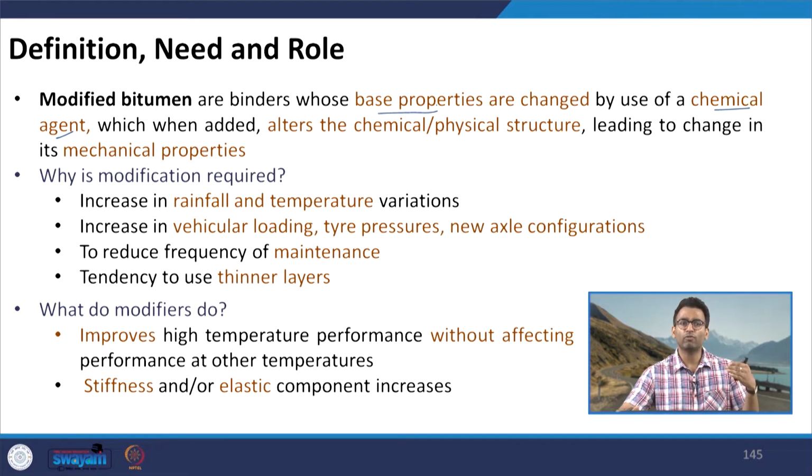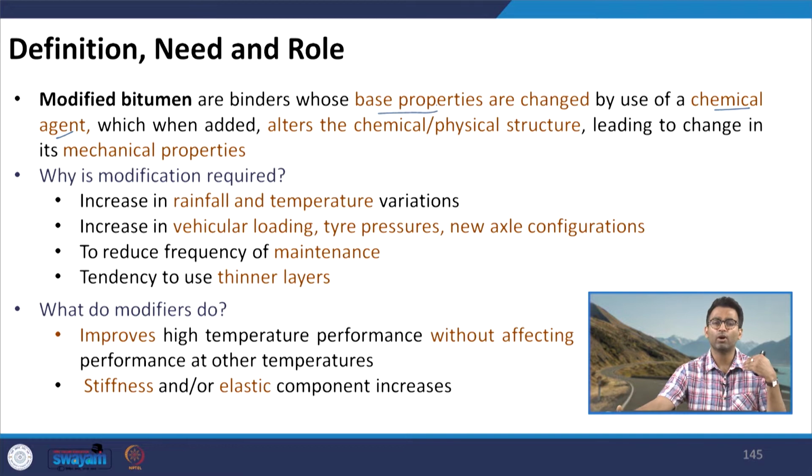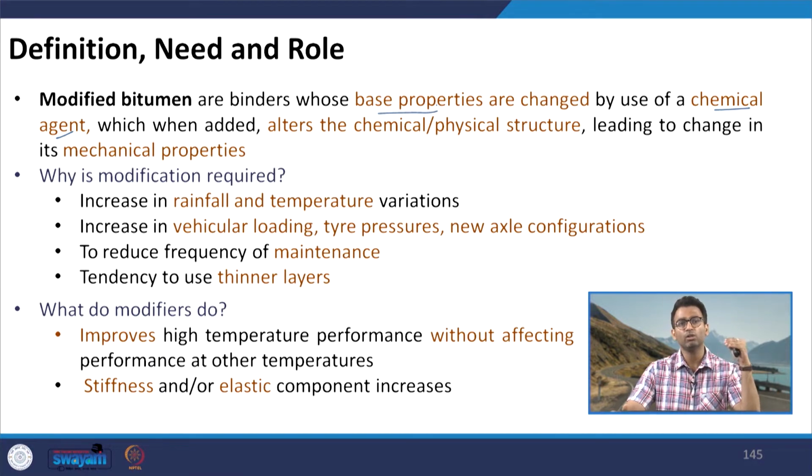The tendency of unrecoverable deformation increases when the temperature is specifically high or the time of loading is very high. In those situations, these modifiers will improve, let us say, the elasticity, which means once the load has come and the load has moved away, the material will recover back, so the amount of unrecoverable deformation will be low. Most of the deformation will be recovered after the load has moved away.